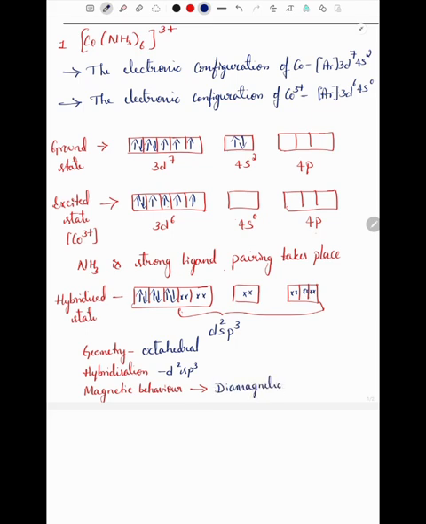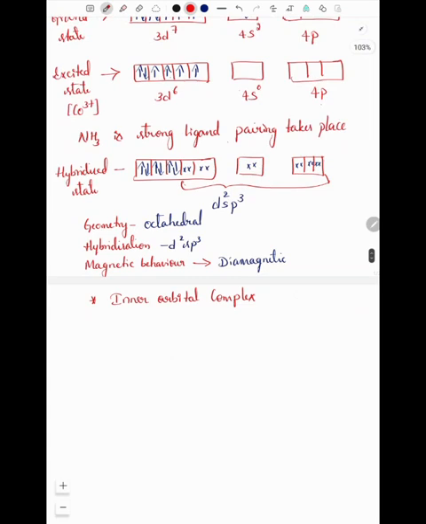And one more thing, we can clearly understand that the complex is undergoing d2sp3 hybridization. The inner d orbital is undergoing hybridization. Hence, this complex is said to be an inner orbital complex. We can draw the geometry of the complex this way.